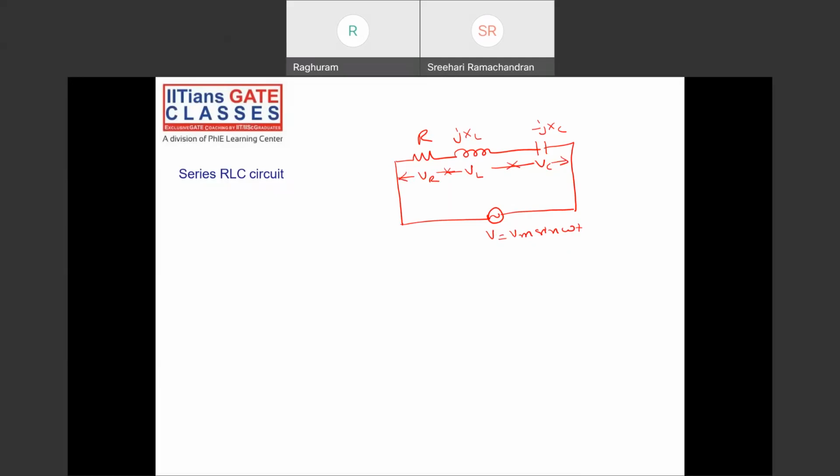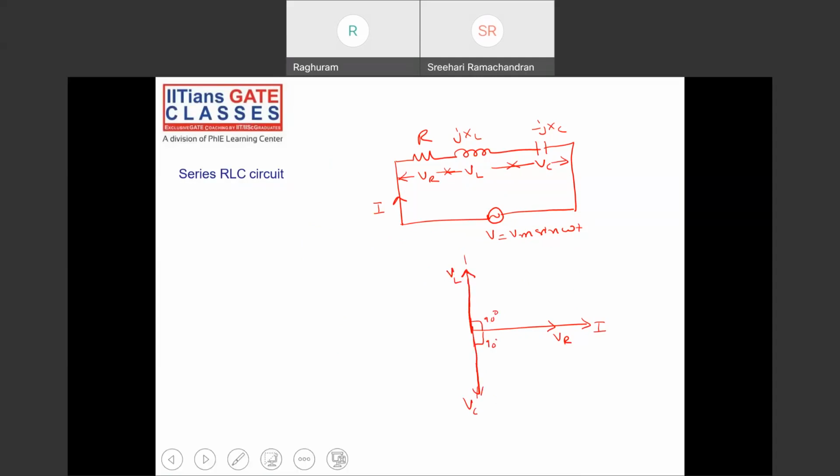See again, this is my I. If I draw the phasor diagram, this is my current I. VR will be in phase: voltage across the resistor is in phase with the current. And what about VL? VL will be leading I by 90 degrees. This is my VL, 90 degrees. VC will be lagging by 90 degrees.